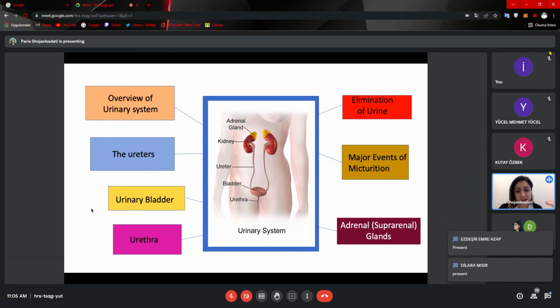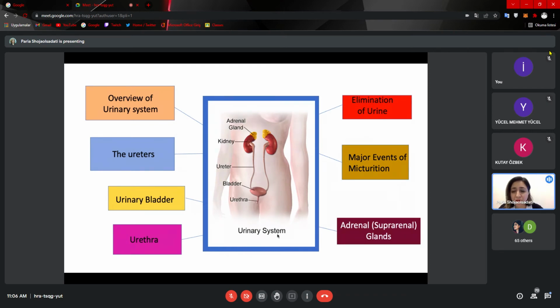They transfer the urine produced in the kidney to the bladder. After that, we talk about the anatomical features of the urinary bladder. In the last part of the lesson, we try to learn different things about the urethra, major events of micturition, and in the last slide, we talk about the adrenal or suprarenal gland.